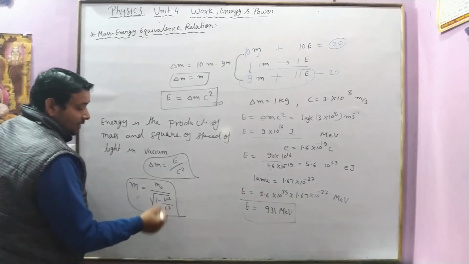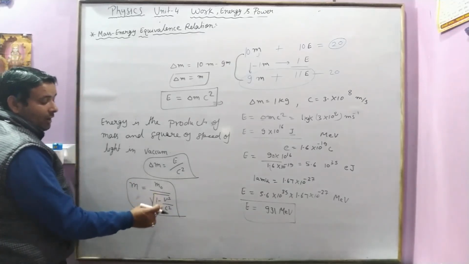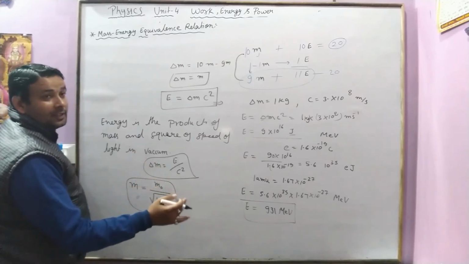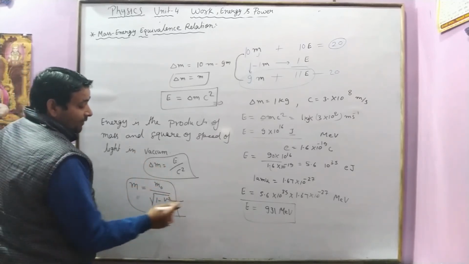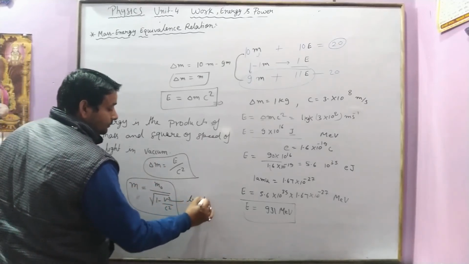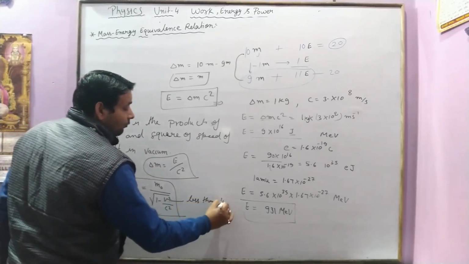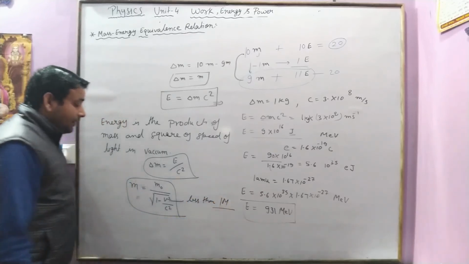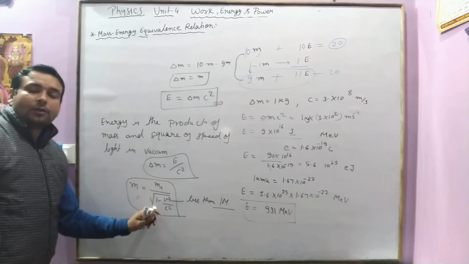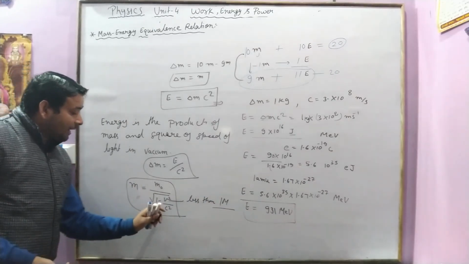The result v square upon c square is very small if the velocity of the object is less than that, so we neglect that factor.